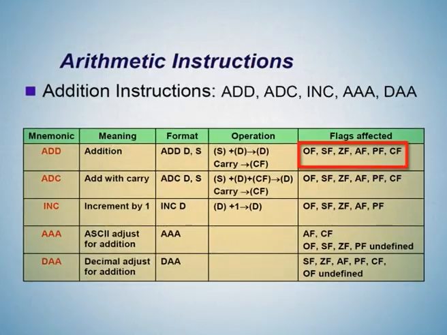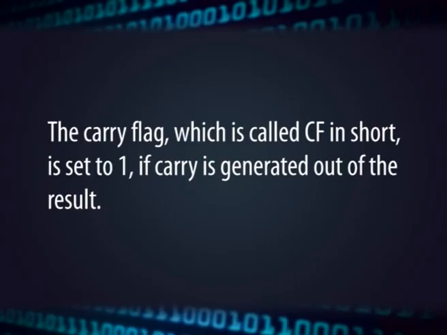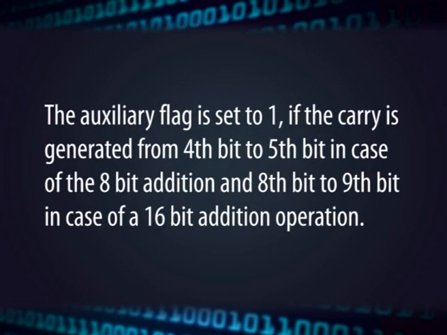Both arithmetic operations, whether 8-bit or 16-bit, affect the status flags. The carry flag, called CF in short, is set to 1 if a carry is generated out of the result. The auxiliary flag is set to 1 if a carry is generated from the 4th bit to the 5th bit in case of an 8-bit addition, and from the 8th bit to the 9th bit in case of a 16-bit addition.